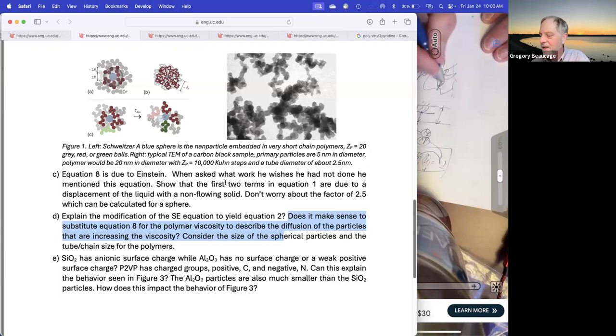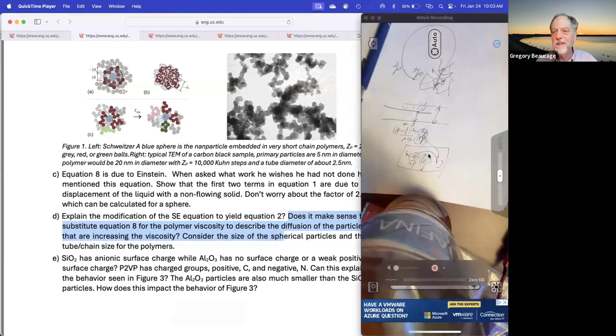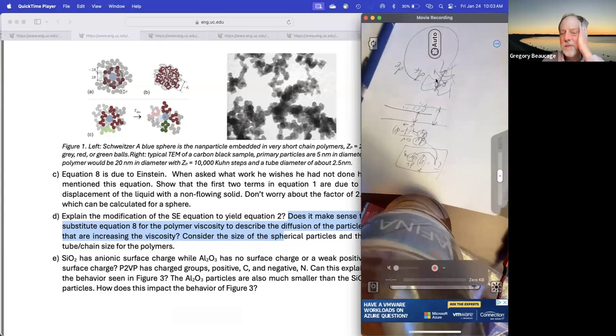And then the particles, are they big compared to that, or little, or the same size? Whether this bound rubber thing works depends on how big the particles are compared to the size scale between the entanglements of the system. So somehow you have to work that out.